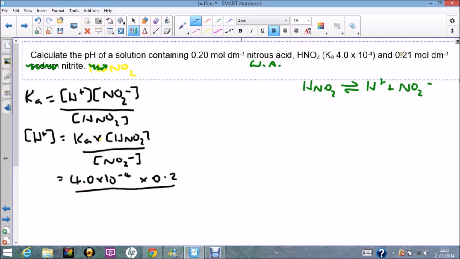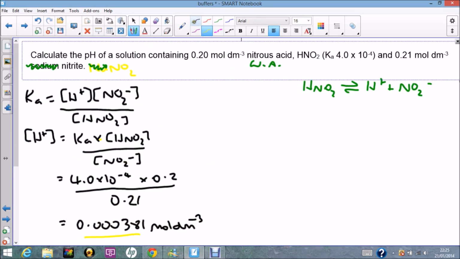And the concentration of the nitrite ion is there. Calculate the answer to that, which is 0.0000381 moles per decimeter cubed. So we should get a marking point there.